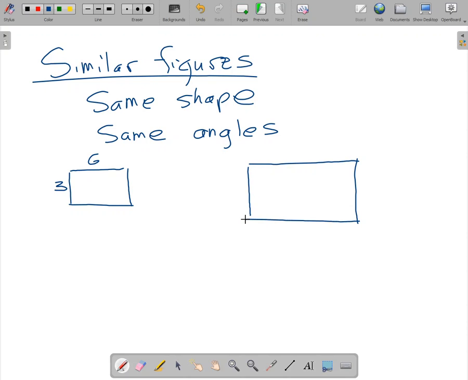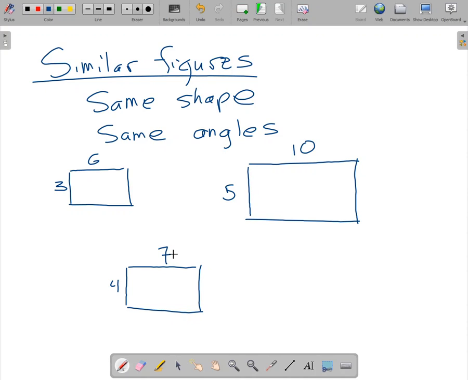Here, I'm attempting to draw a rectangle that is 5 inches that way and 10 inches that way. I'm going to draw another one down here. That is my best 4. And then this way, I'm going to go 7.